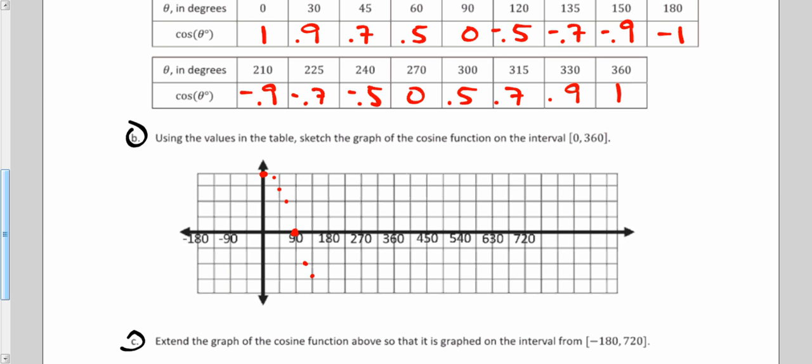I feel like I'm talking to myself here. I'm feeling kind of disrespected right now. Thank you. And at 180 degrees, I'm back at negative 1. And then from 180 all the way up to 270, I go back to 0, the same way I did before, right?